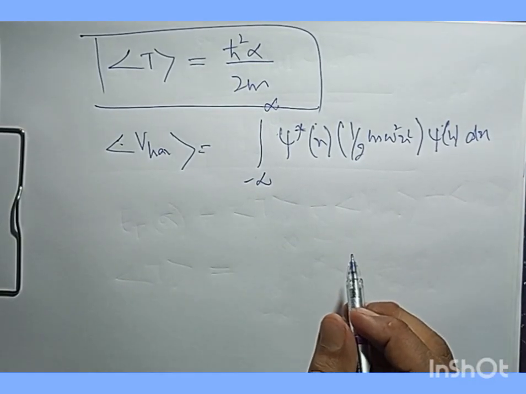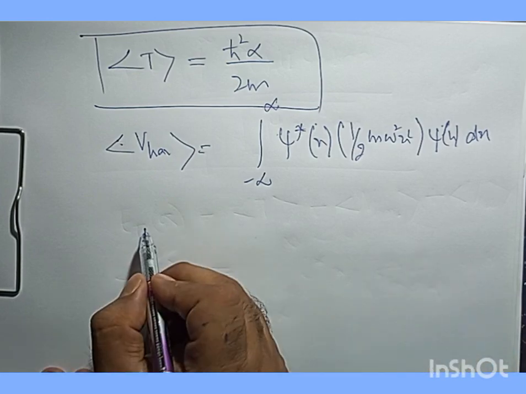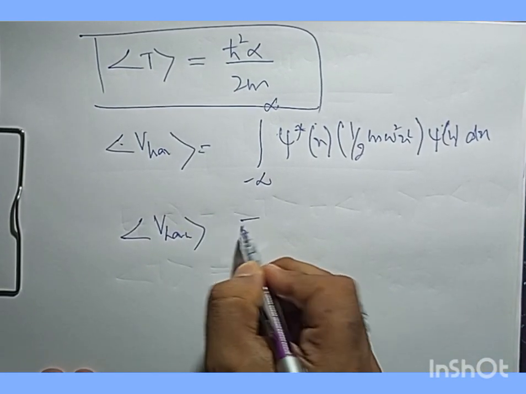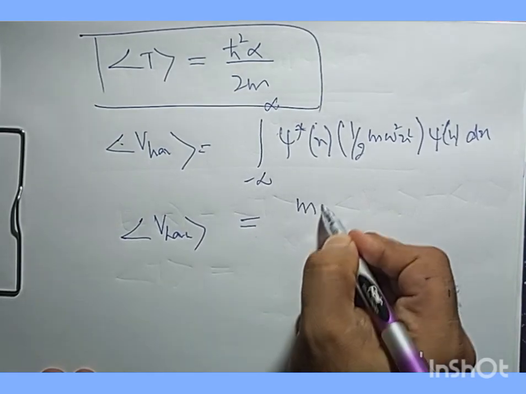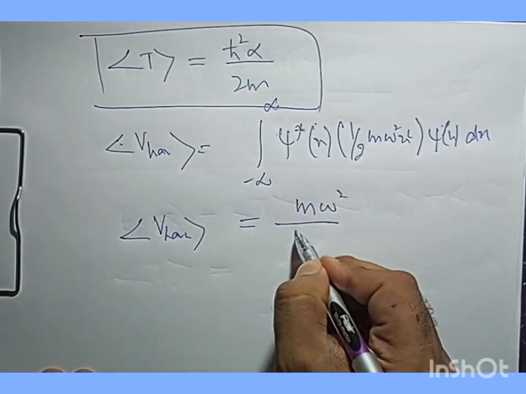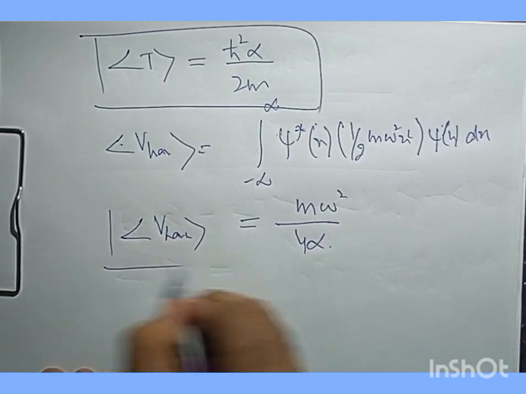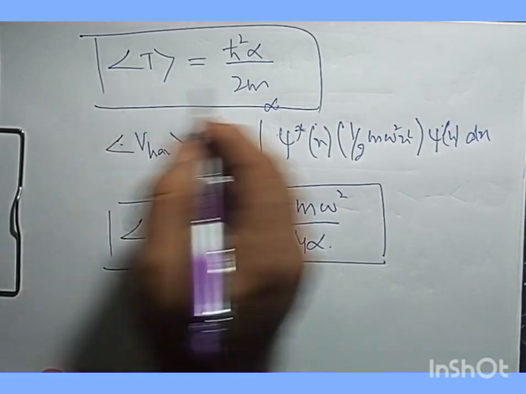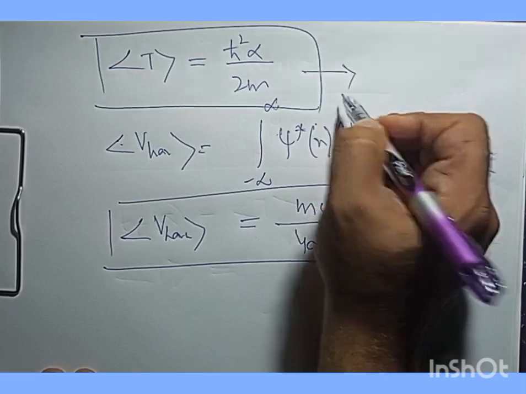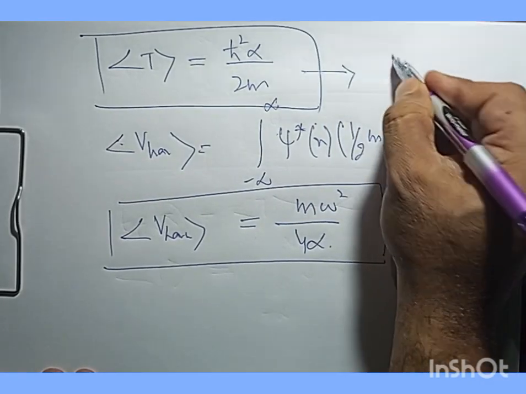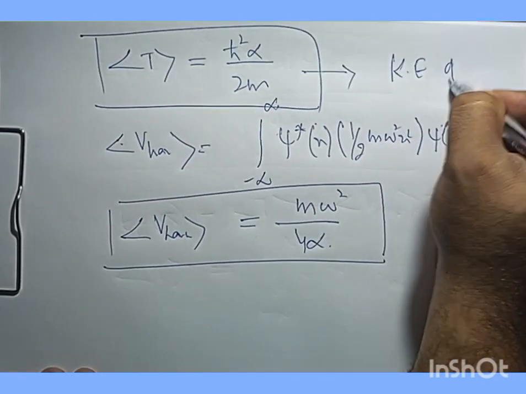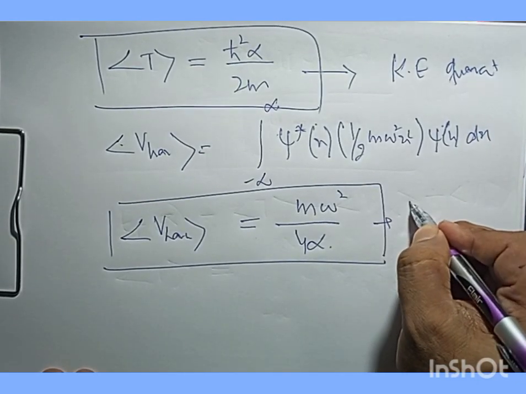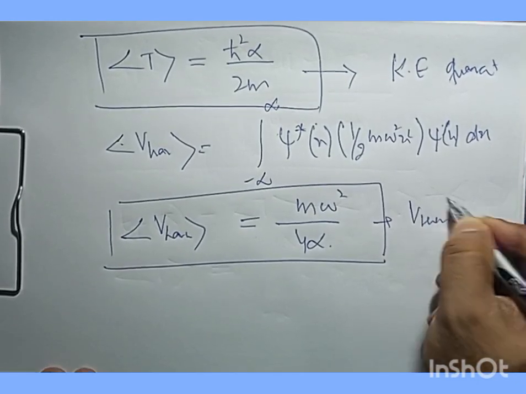And what is the result of this integral? This V harmonic comes out to be m omega square by 4 alpha. So this is our expectation value due to the harmonic term, and this is our expectation value due to the kinetic energy operator, and this is due to the V harmonic operator.